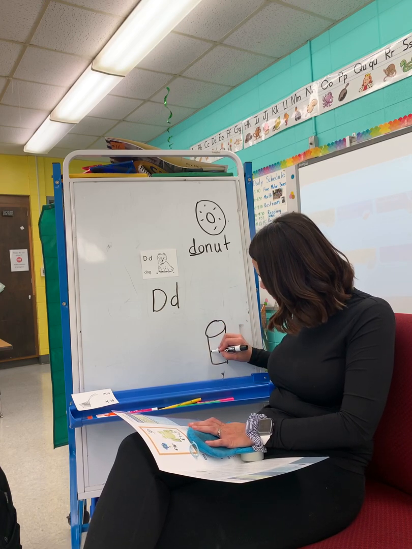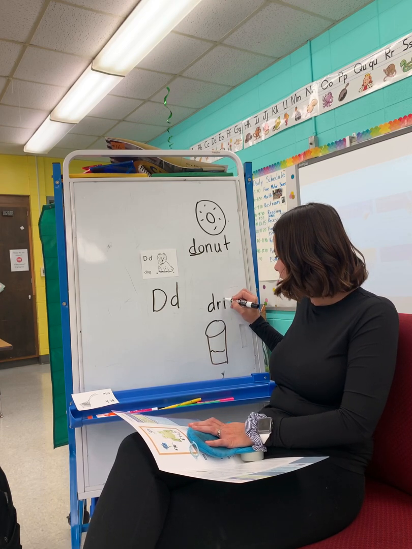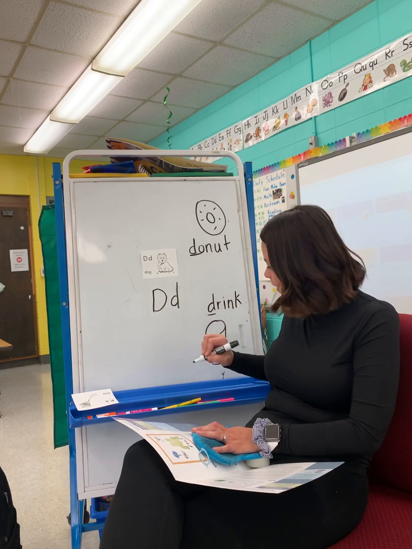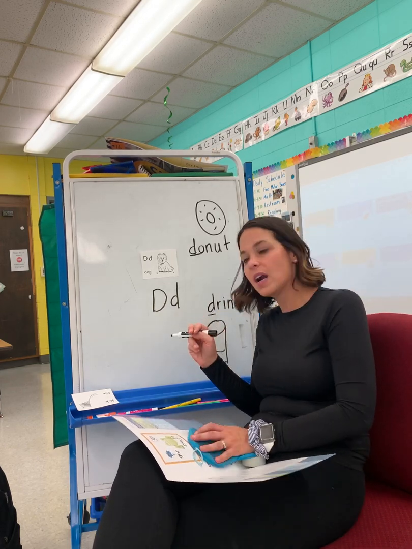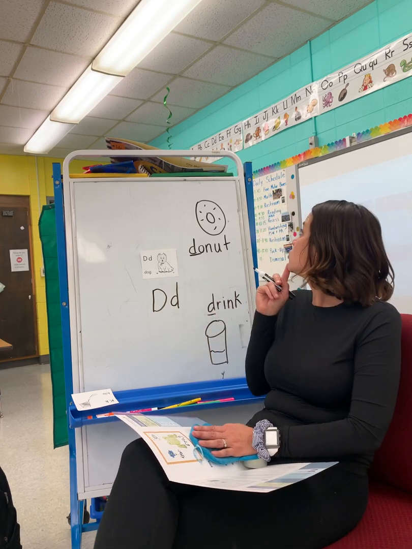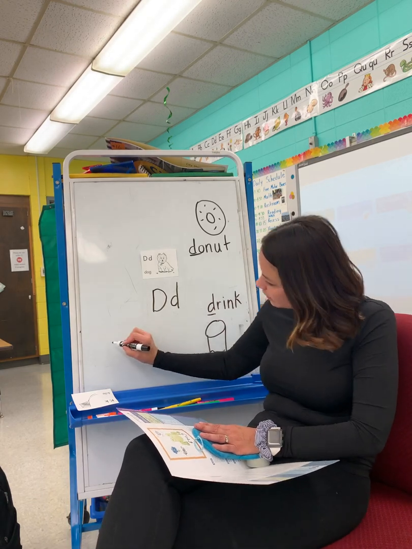Oh, goodness gracious. All right, so that is drink. So that starts with the D. And I need one more word that has D in it. So how about dimple?